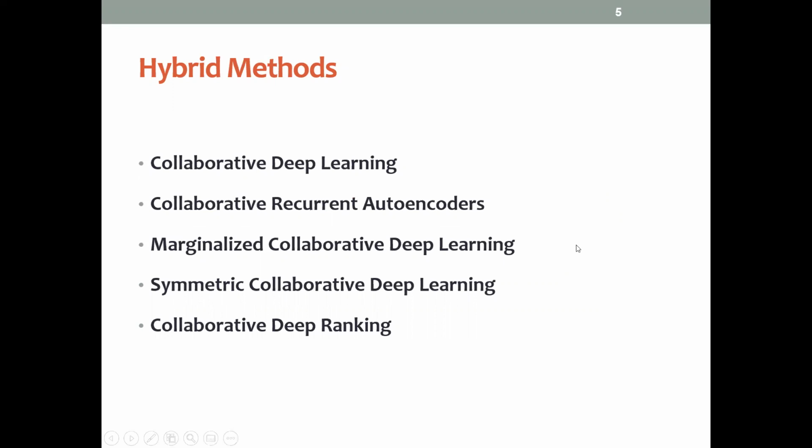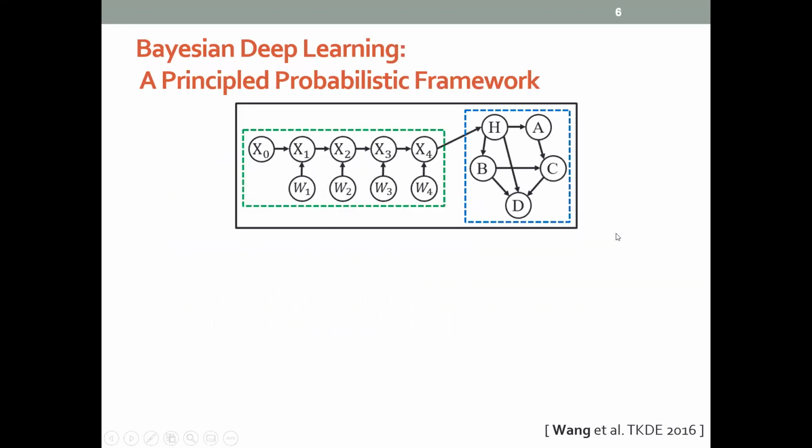These deep learning based approaches all come from a unified framework that we call Bayesian deep learning. In this Bayesian deep learning framework, we have two components. We have a deep component, which is here, and we have a graphical component, which is here. You can think of the deep component as a probabilistic version of a deep neural network.